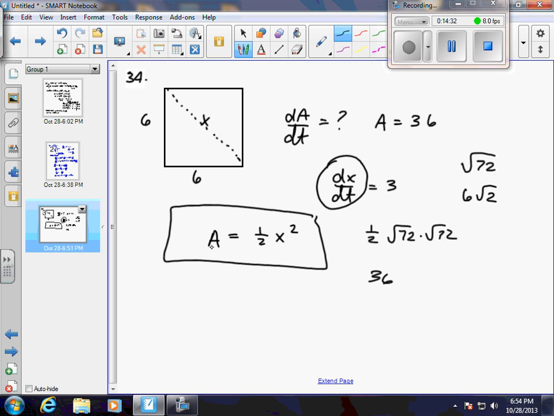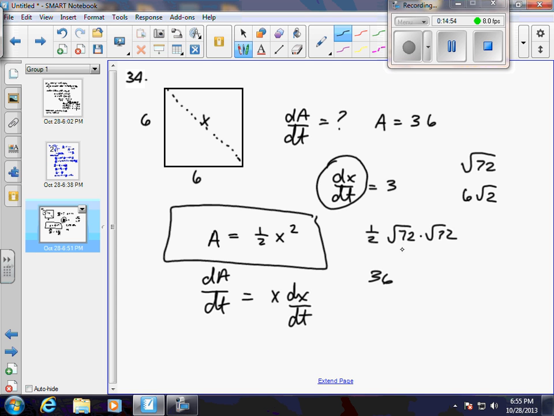So the derivative of A is dA/dt. The derivative of 1/2 x squared is x dx/dt. So do we know x?